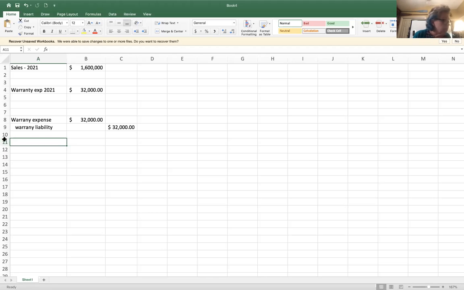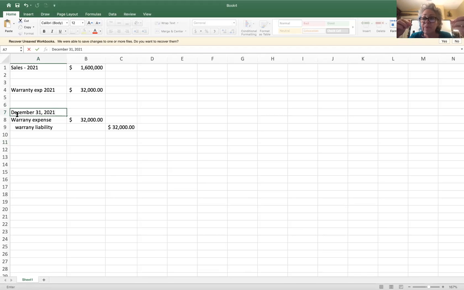So this journal entry that we just did would be as of December 31st, 2021, because this is the expense related to the 2021 sales. Although they're not anticipating that the products are going to come in for warranty servicing until 2022, we have to accrue the expense.